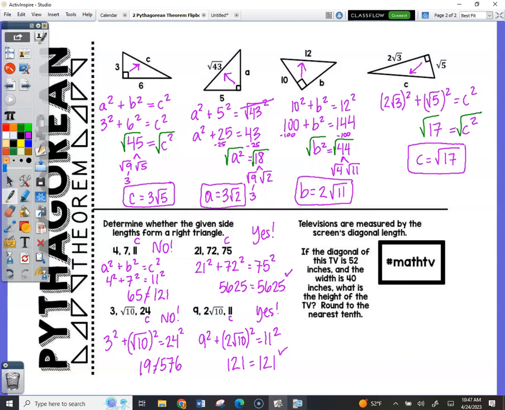So here's a picture. We have a diagonal, and they told us it measures what? 52. I'm going to draw a right angle right here. It says that the width is 40.